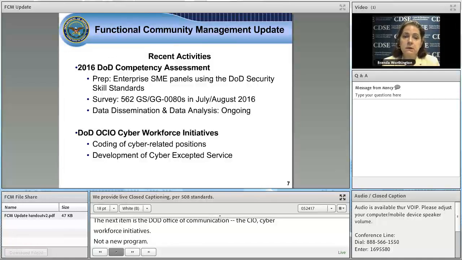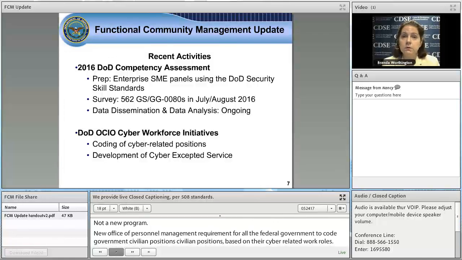You may have heard of this in the past. I believe they started this in 2014. This is a new effort. It updates the work roles, it updates the information, and this is done with the HR professionals along with the technical experts.